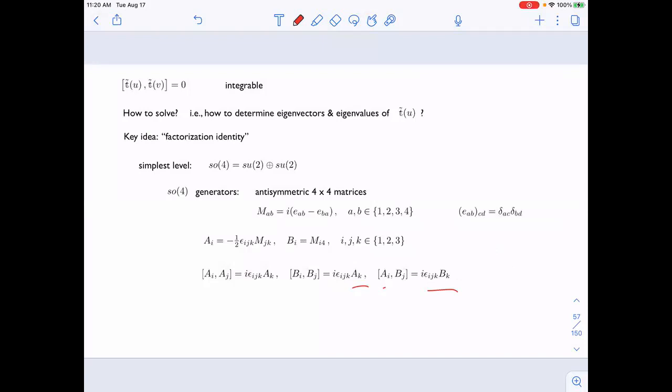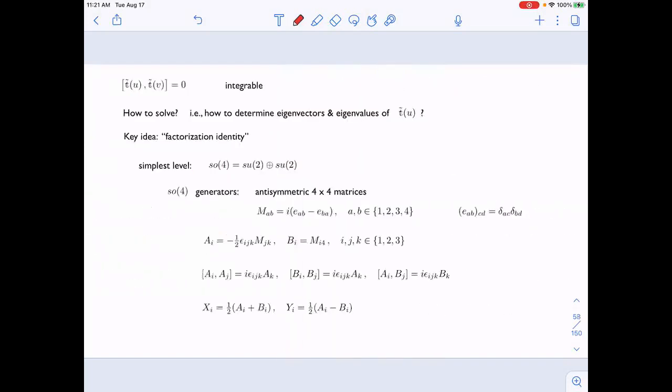So I was trying to motivate this factorization identity, which we use to solve the model, that is, to determine the eigenvectors and eigenvalues of the transfer matrix. And I was about to get to the punchline. We're looking at the SO(4) Lie algebra, and we had these generators M, which we split up into A's and B's, and they look almost like SU(2)s, but not quite.